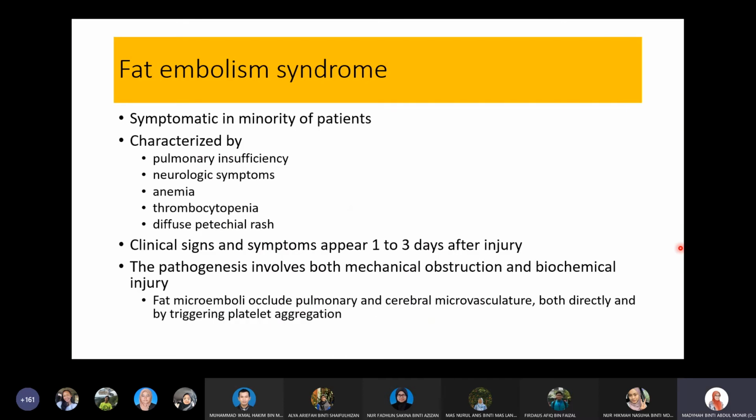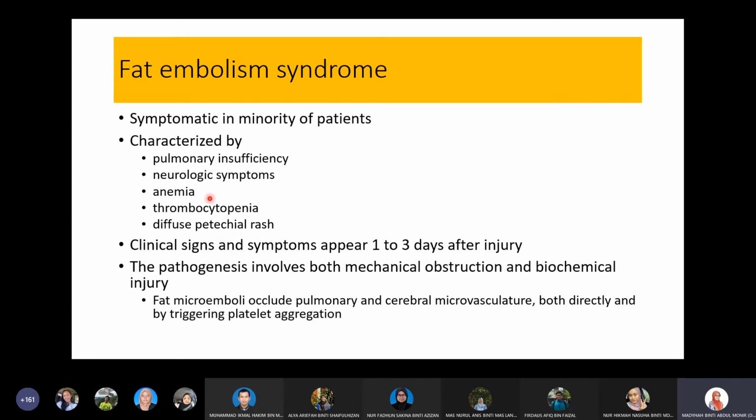Okay, all right. So there's one syndrome here, what we call fat embolism syndrome. It only occurs in a small percentage of patients. Patients will complain of pulmonary insufficiency. There are neurologic symptoms.